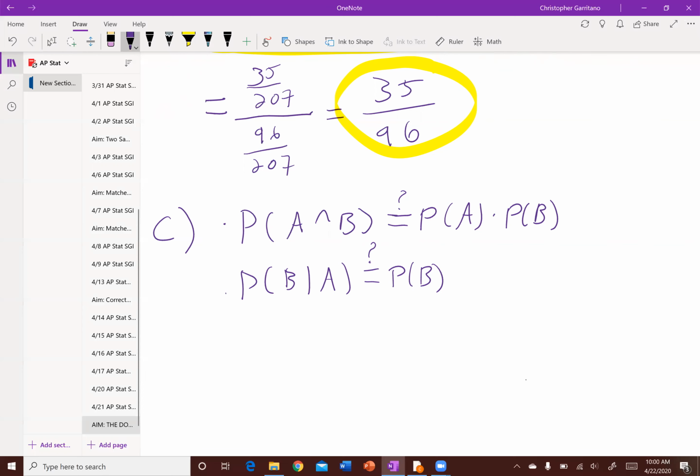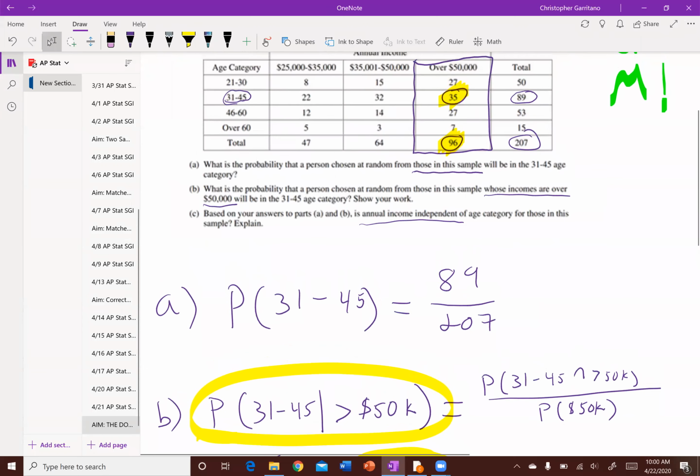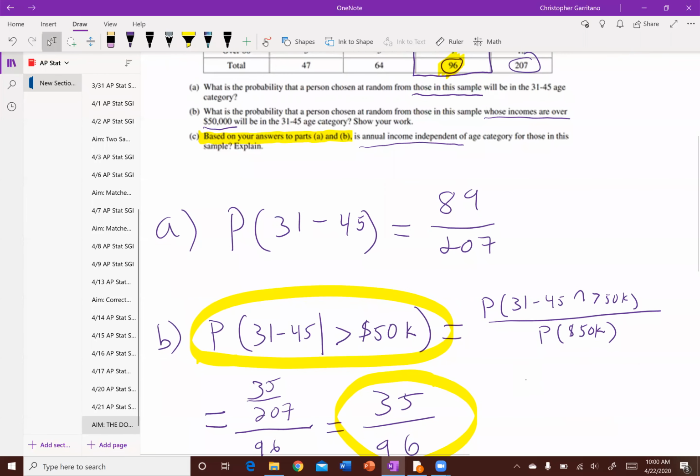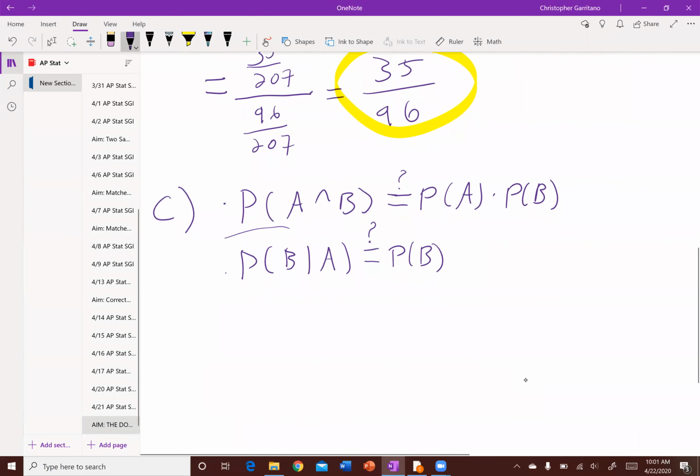However, this question specifically says to answer based on your answers in parts A and B. So in order to get full credit, you are required to use the information from parts A and B to answer this question. All right, so notice that part A has a marginal probability, part B has a conditional probability. So it looks like we're kind of being forced into using this method.